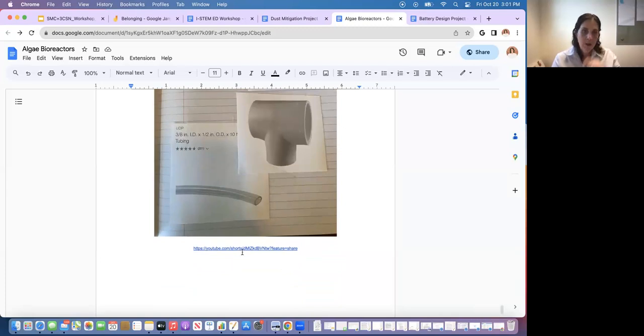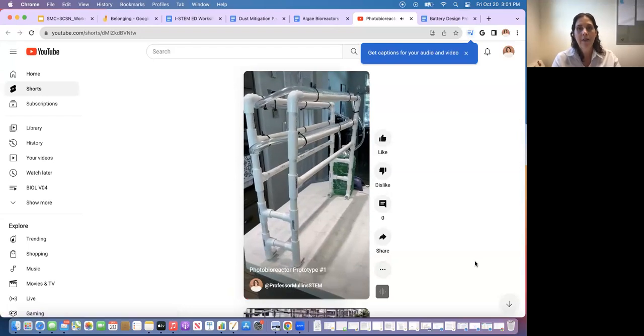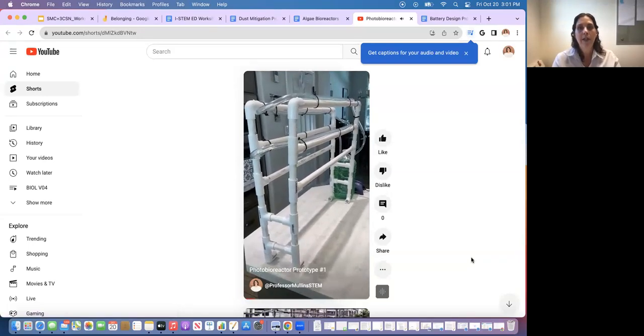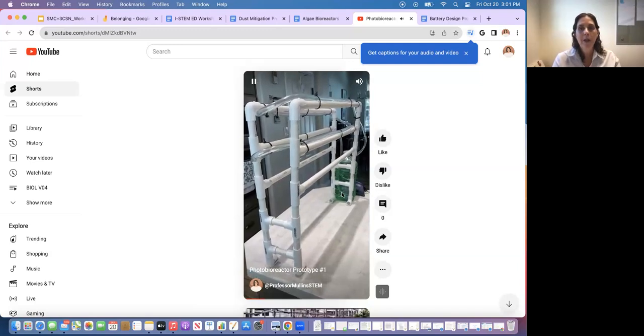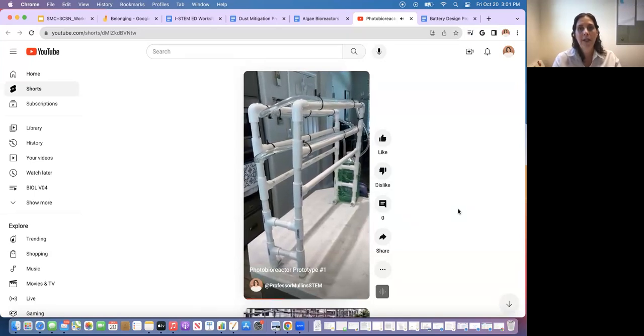Ultimately, after revisions, then we have an actual concept here, and that's it in action. So in this case, this is just an aquarium pump and just a regular old household bottle of water that you could use as your growing tank.